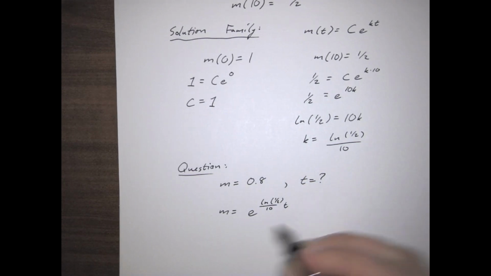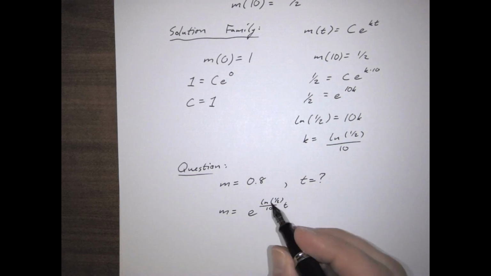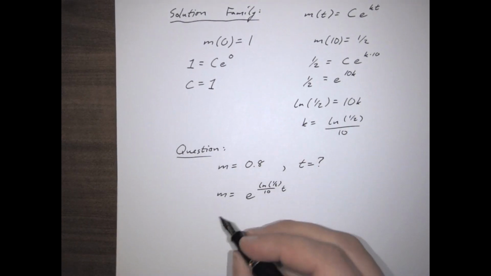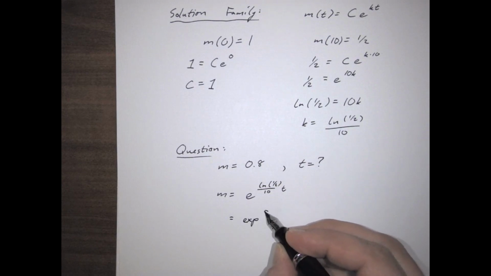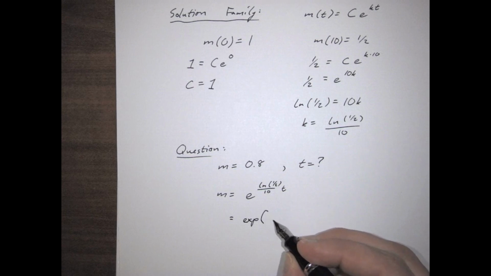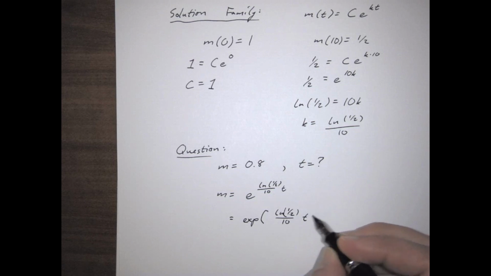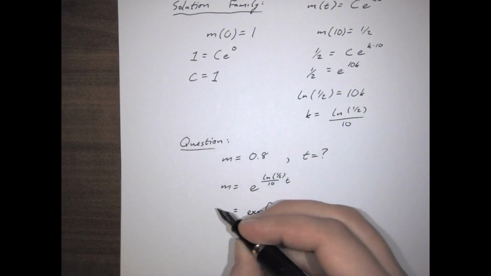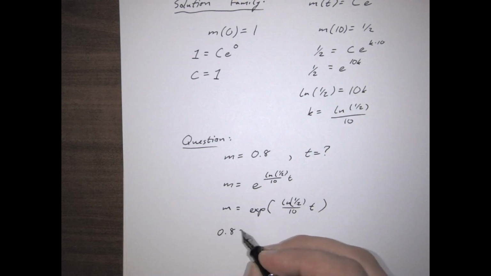By the way, this can also be written as exp, which is sometimes convenient when you have complicated exponents like this. So you can write exp of natural log 1/2 over 10 times t. Okay, so then 0.8 equals that.